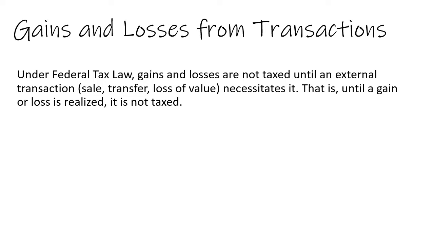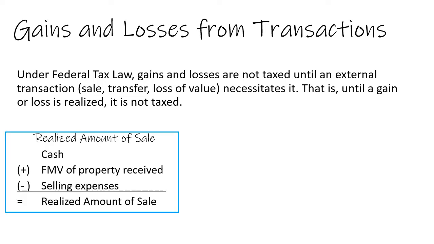We compute that gain or loss using the following formula. First, you calculate the realized amount of sale, which is the cash, the property received, the reduction in the loan balances, minus any selling expenses, to reach the selling price.